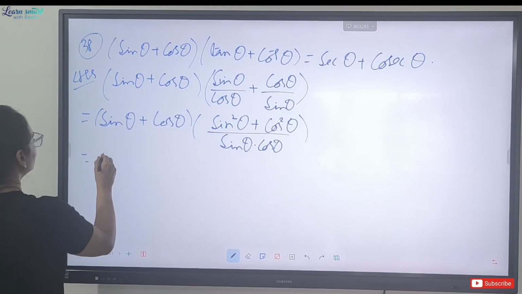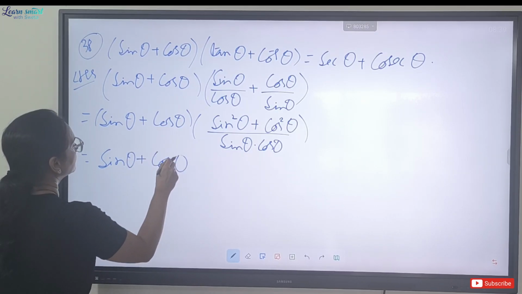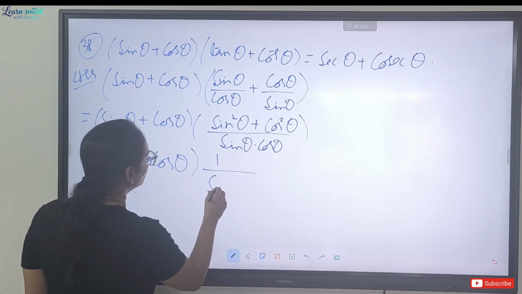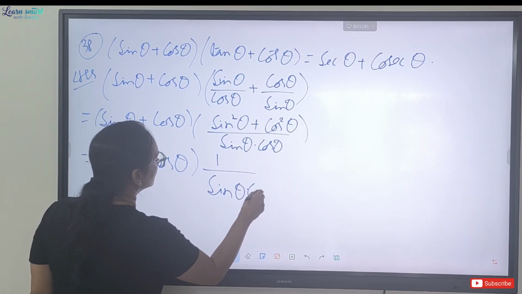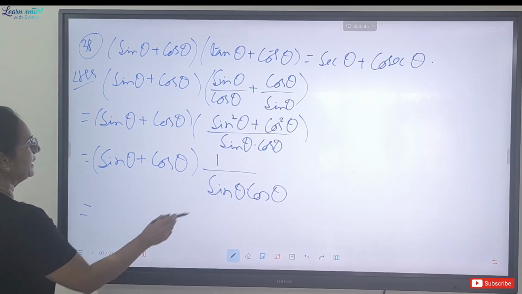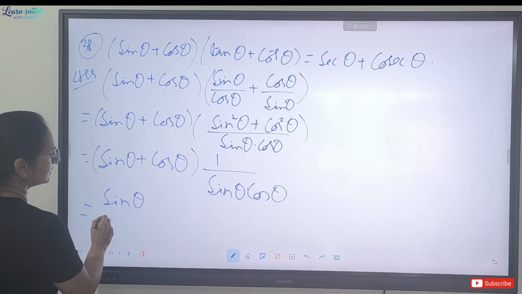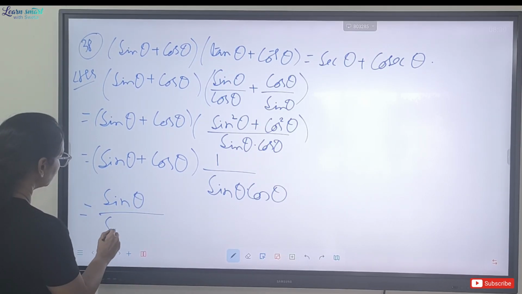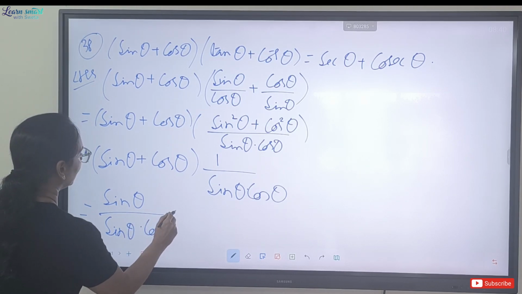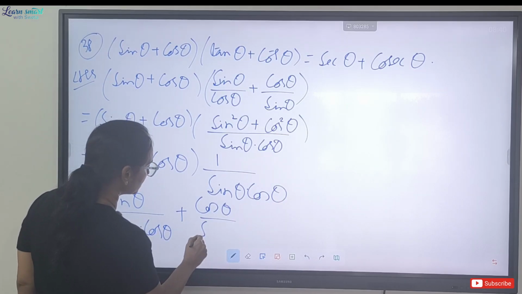So what we can write? We can write sin theta plus cos theta into 1 upon sin theta into cos theta. Now we can write it like this, sin theta by sin theta into cos theta, and plus cos theta upon sin theta into cos theta.